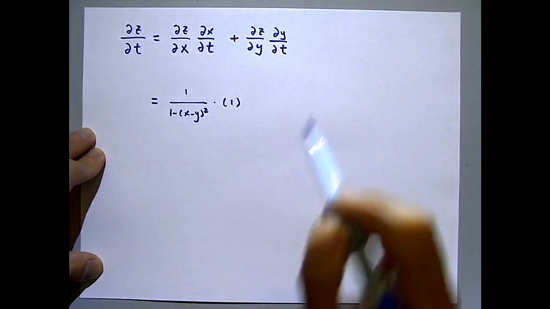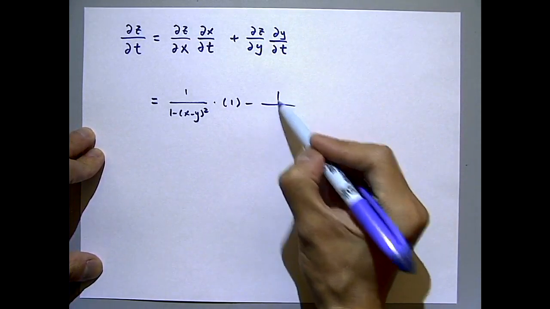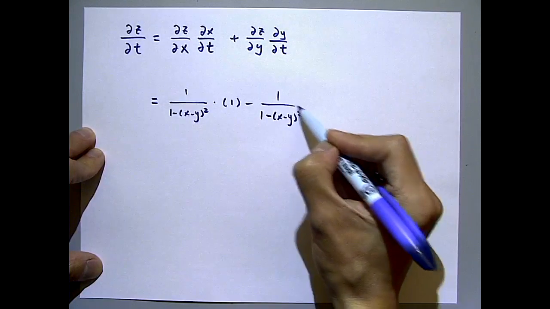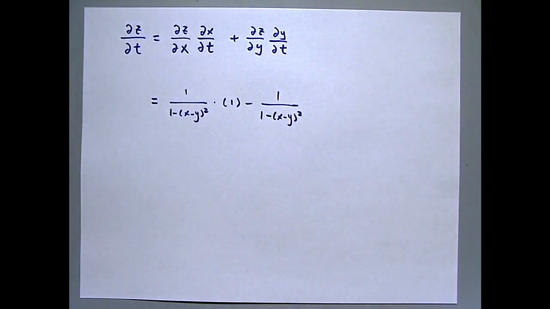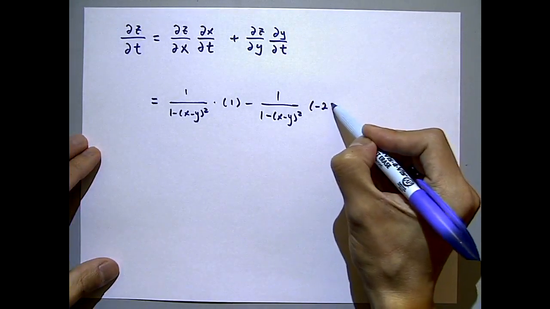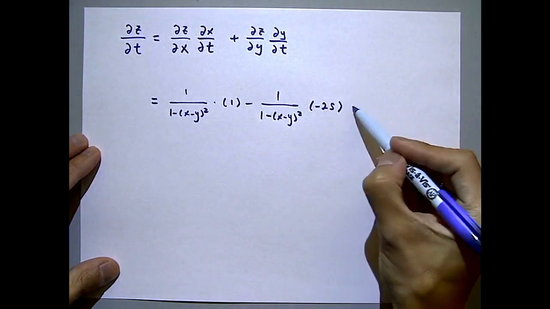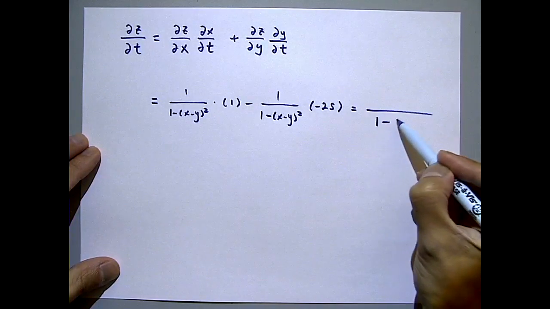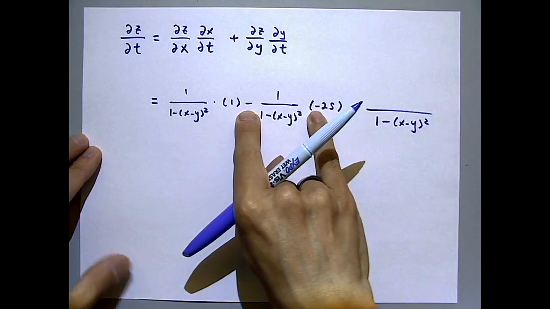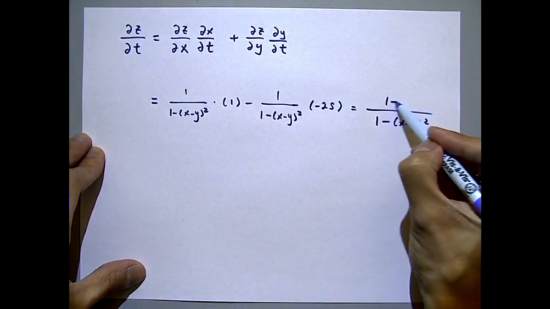It's negative 1 over that thing. So I put a minus sign here. What's the partial derivative of y with respect to t? Negative 2s. Simplify a little bit. This thing downstairs, we have 1 upstairs minus 2s, so 1 plus 2s.